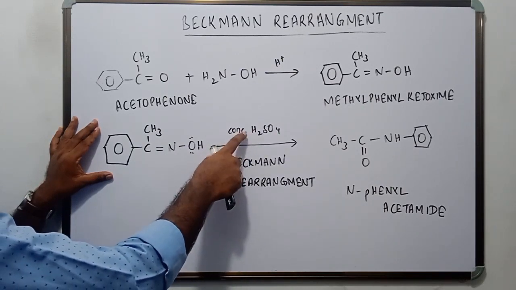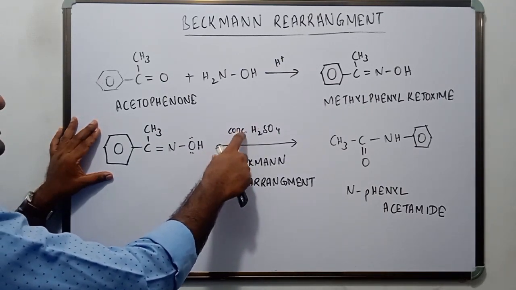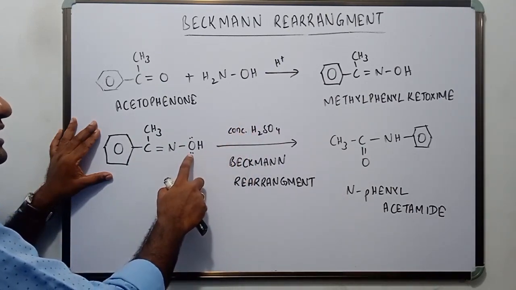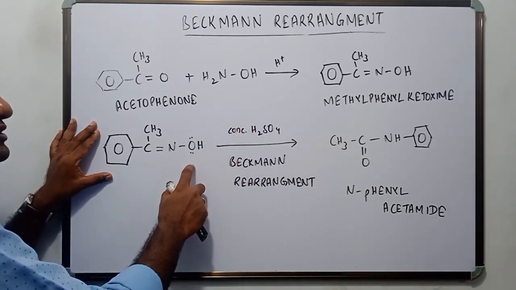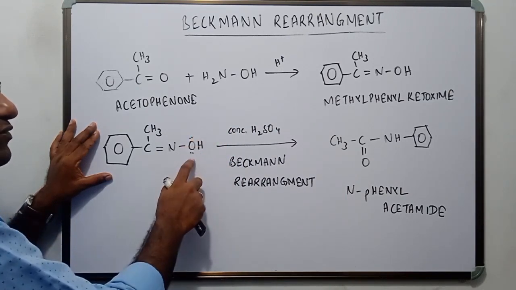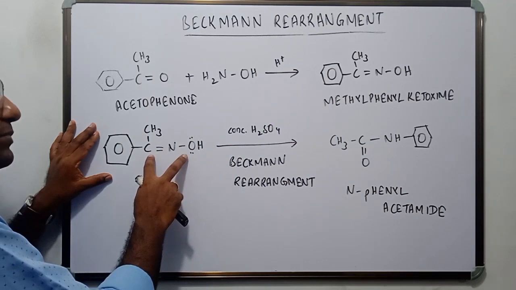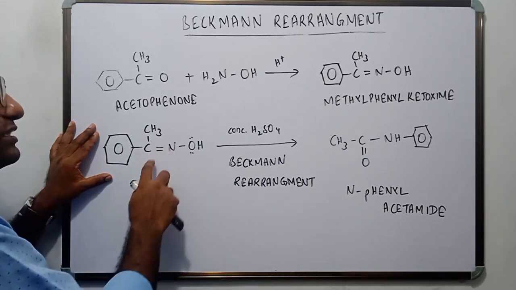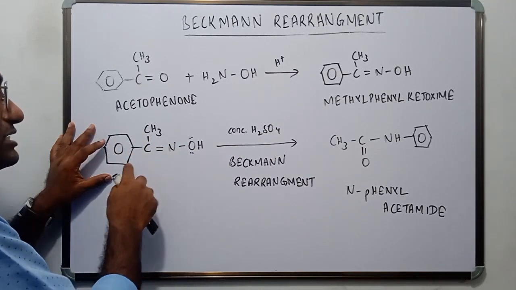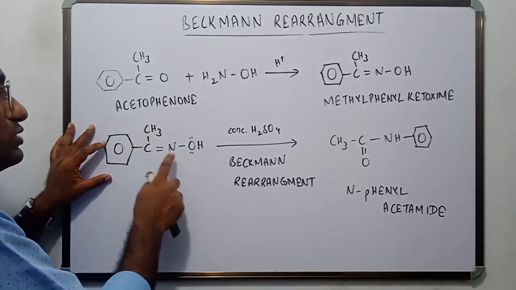So what happens when we use a mineral acid? An H plus dissociates from the mineral acid. That H plus goes and takes the lone pair of electrons on the oxygen. The oxygen becomes positively charged, and what follows is an electron pair transfer within the molecule. This is followed by the migration of one of these groups to the nitrogen.